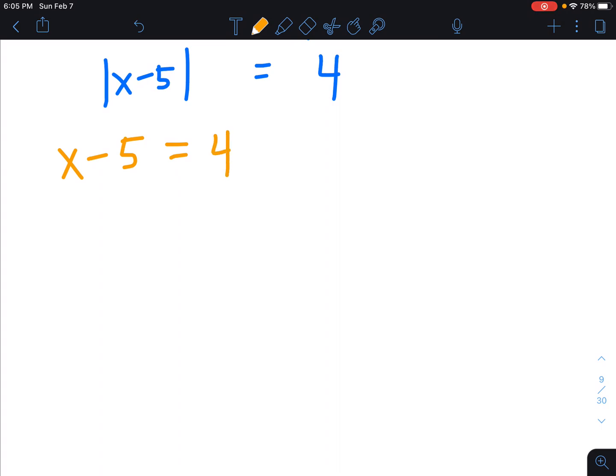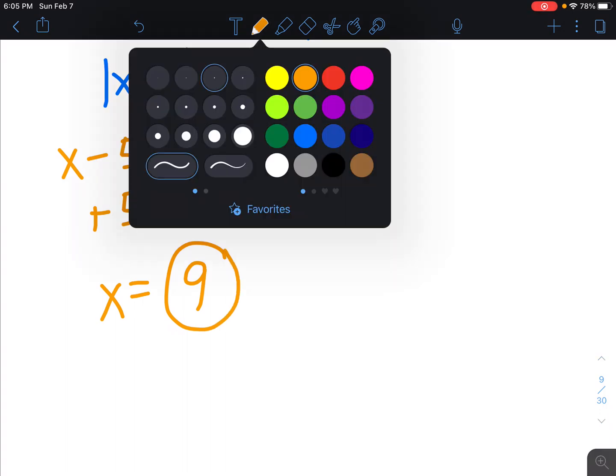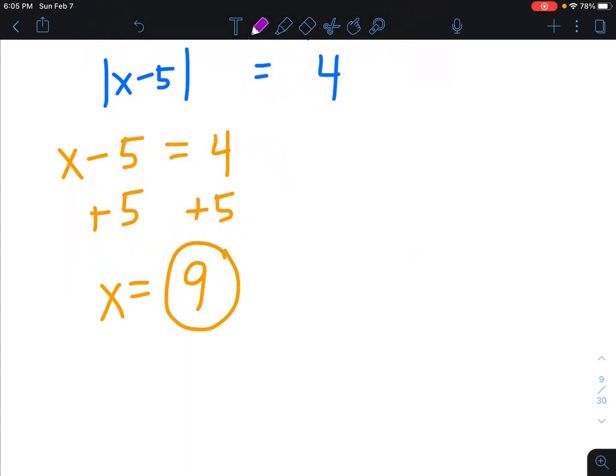The first one, we're just going to treat it as if the bars were not there. Of course, we would add 5 and we would say x is 9. But we need a second answer, so we set up a second equation: x minus 5 equals negative 4.